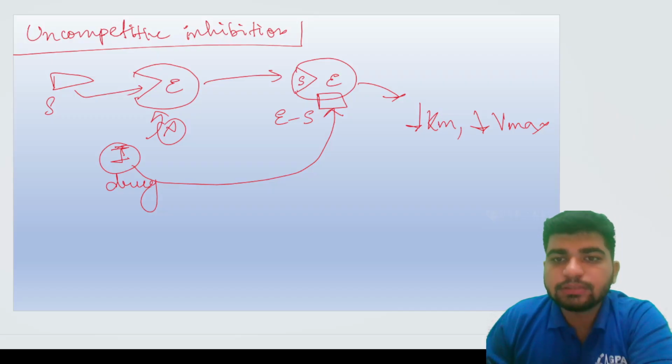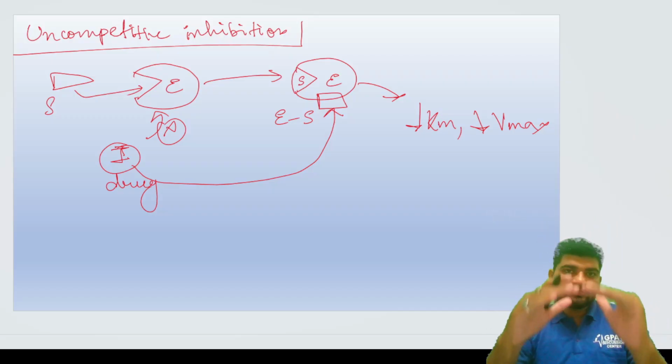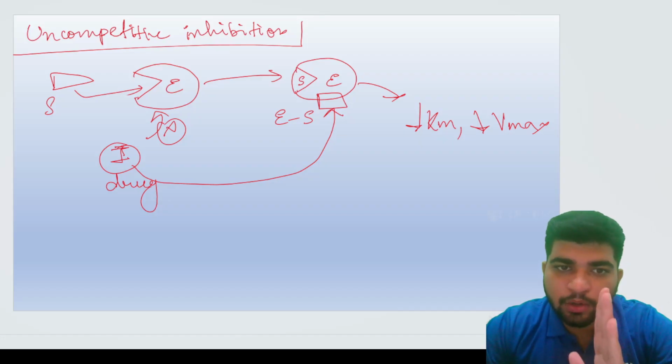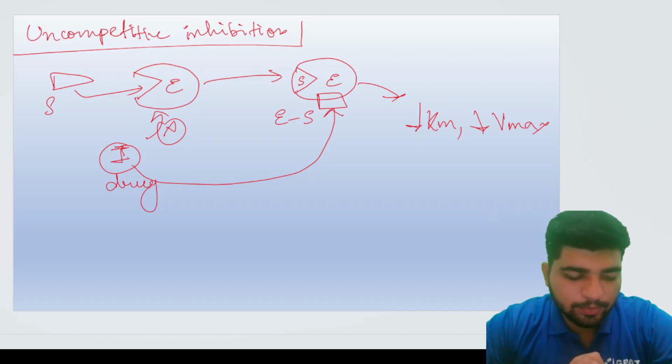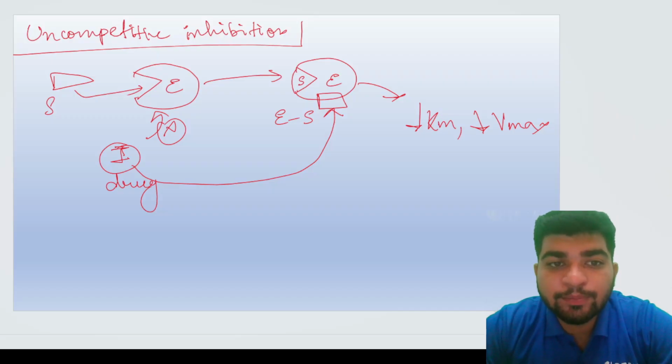Why? Because again the enzymatic activity is being decreased. How? The substrate is bound onto the enzyme, but still the inhibitory drug is binding onto the ES complex, and that's why it is lowering the enzymatic activity. And what about Km?